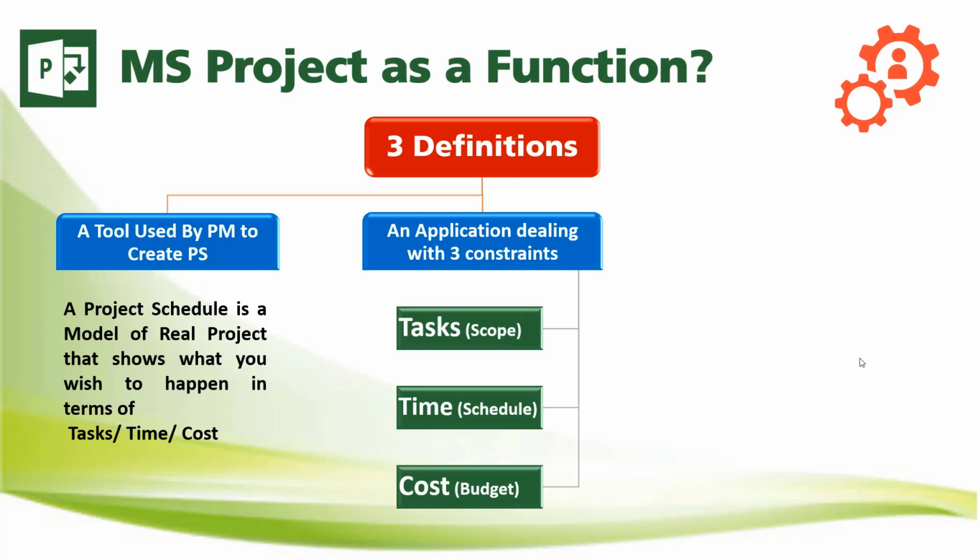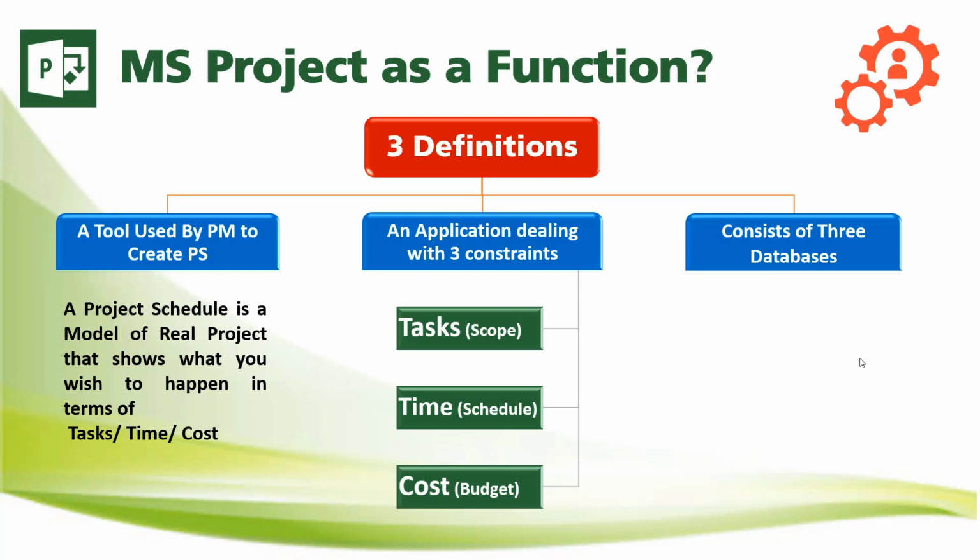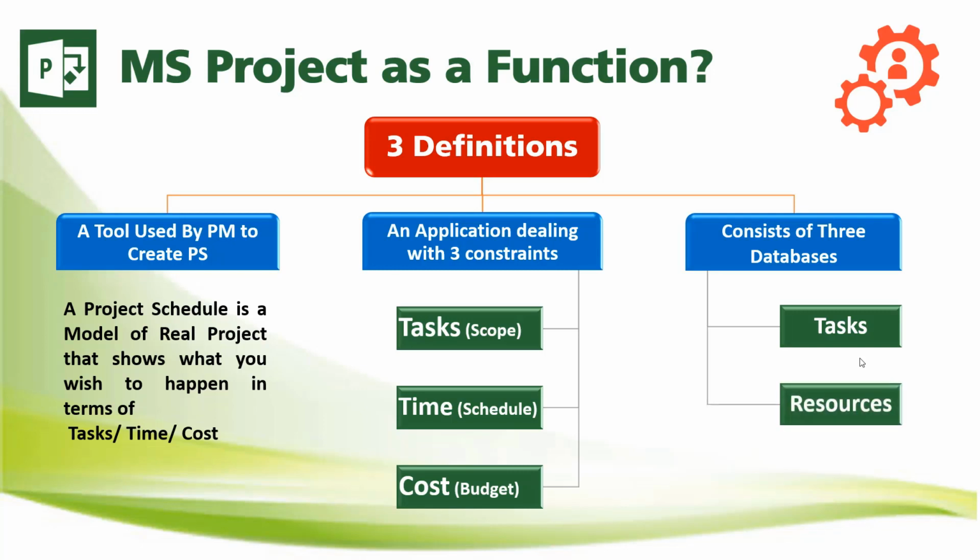The third definition says Microsoft Project consists of three combined databases. The first database stores the list of tasks. The second database stores the list of resources, those people, material, or equipment needed to perform the tasks.